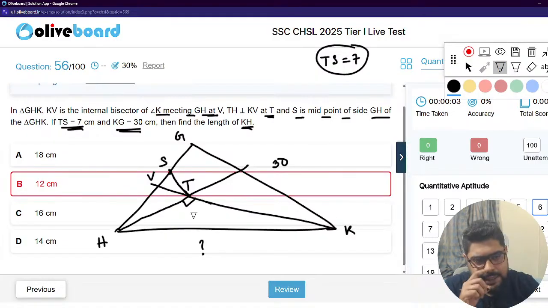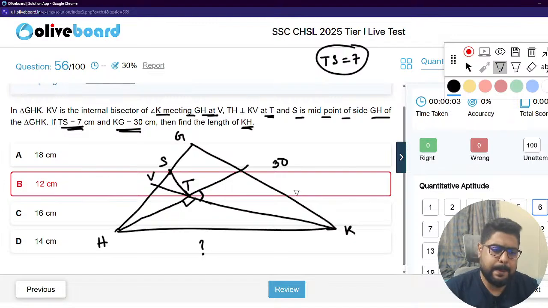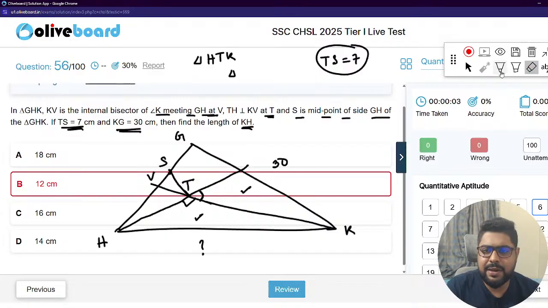Sir, as I can see, I guess this is 90. Okay, so take these two triangles, sir: triangle HTK and triangle KMT.